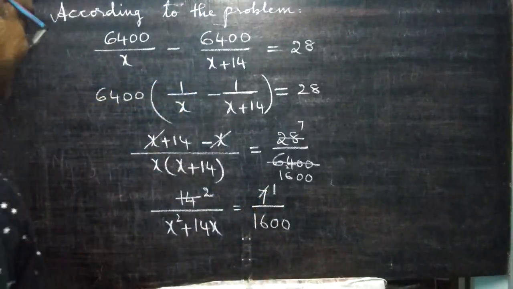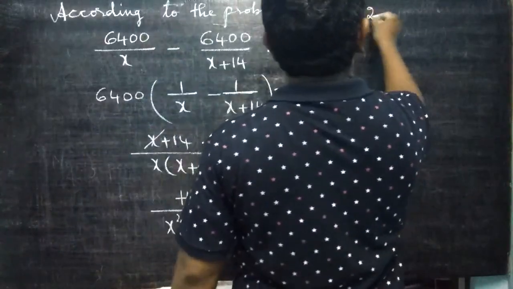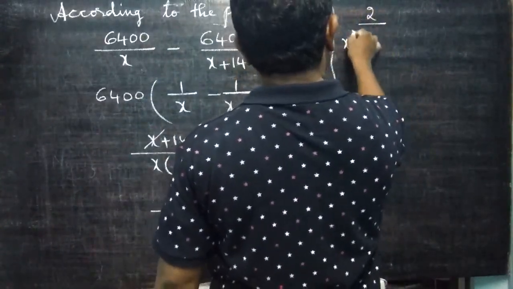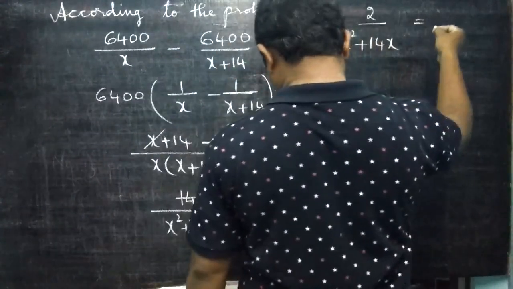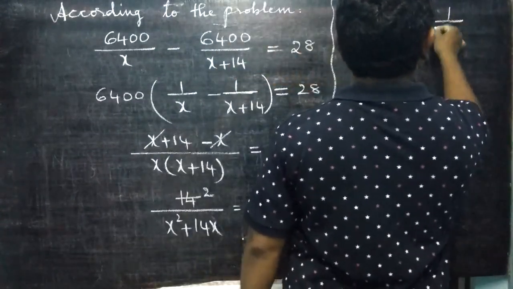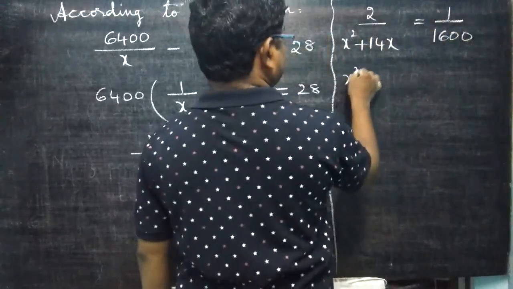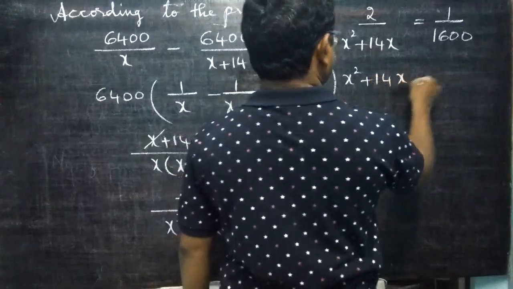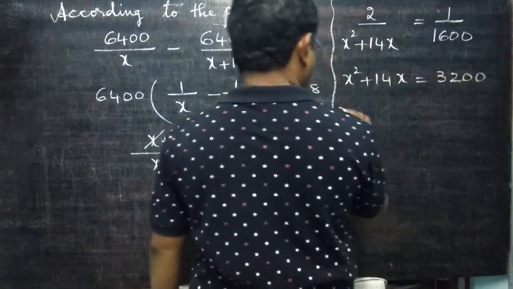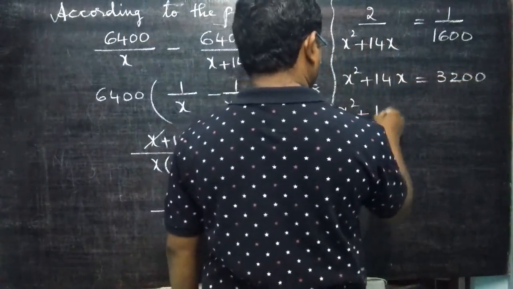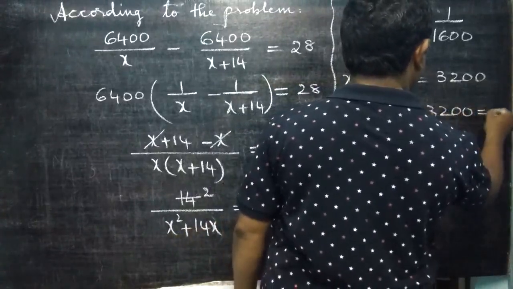Now do cross multiplication. 2 by x square plus 14x is equal to 1 by 1600. Cross multiplication: x square plus 14x is equal to 3200. Now x square plus 14x minus 3200 is equal to 0.